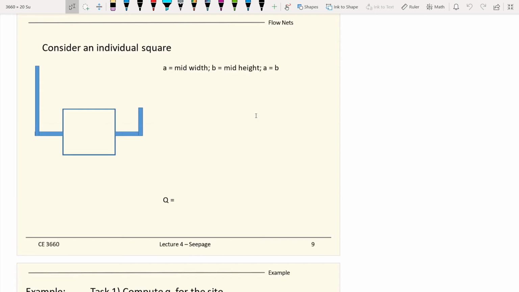So the mission now is to find out the total amount of flow going through the flow net, and we start by again looking at individual elements, individual squares within the flow net. For a flow net, before we enter and exit each element, it has a total head.